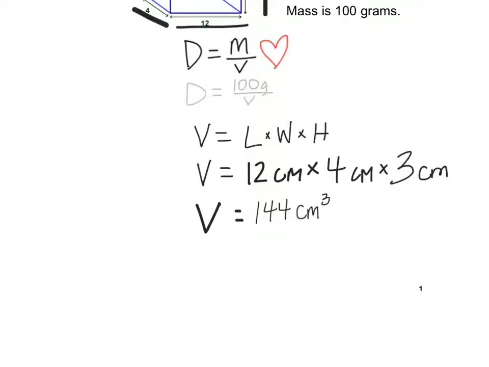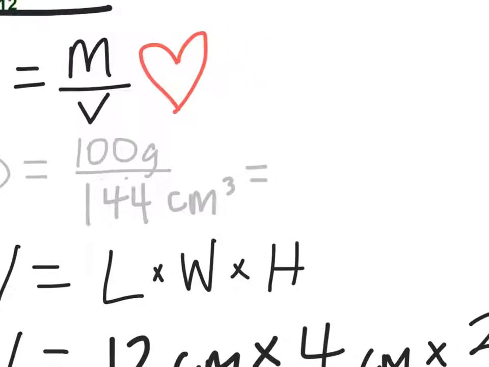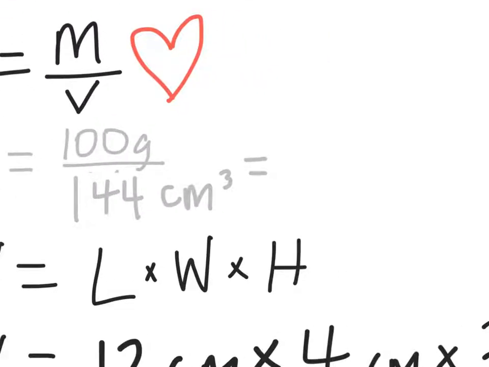Now we can go back up and we can plug in. So we knew that density equaled 100 divided by the volume. We had to figure out the volume. We now know that the volume is 144 centimeters cubed. So if you divide that, density equals 100 grams divided by 144 centimeters cubed.